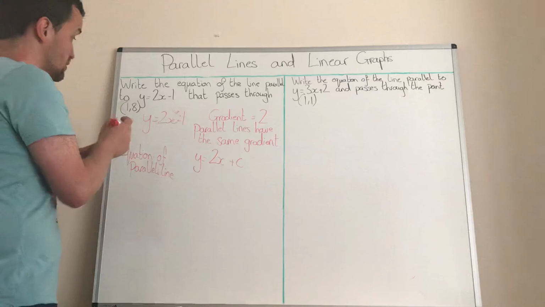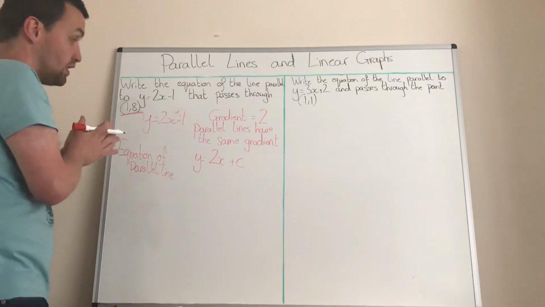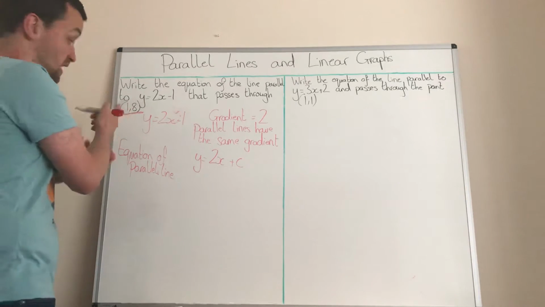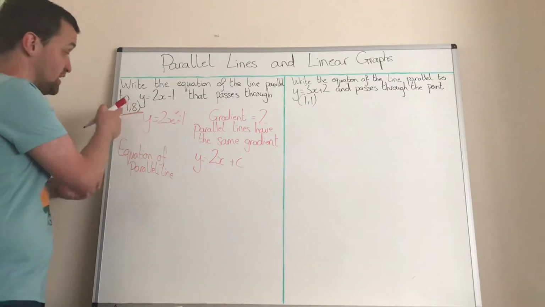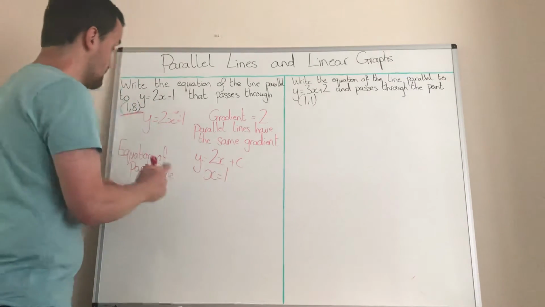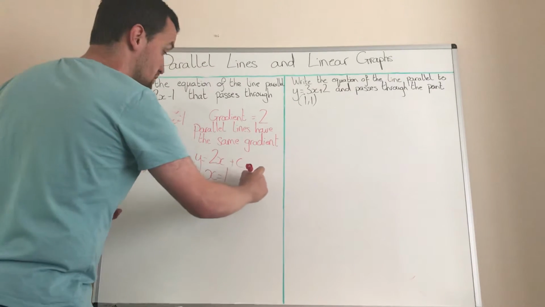The only way to do that is to use the 1 and the 8, our coordinate (1, 8). If you remember, the x coordinate comes first, alphabetically, so x equals 1, and y, the only other option, is 8.